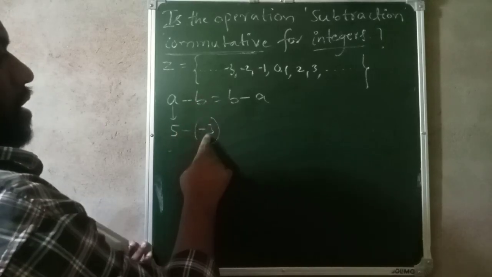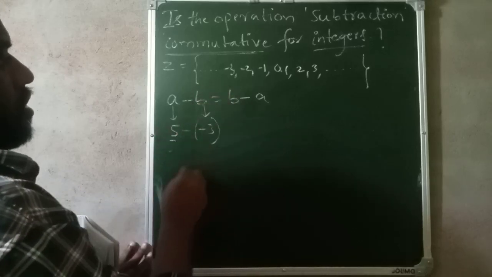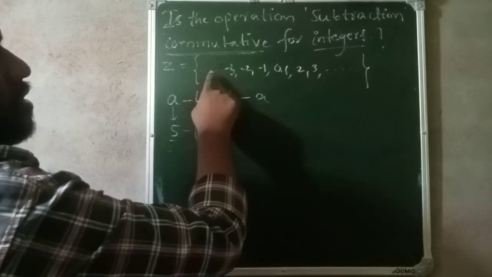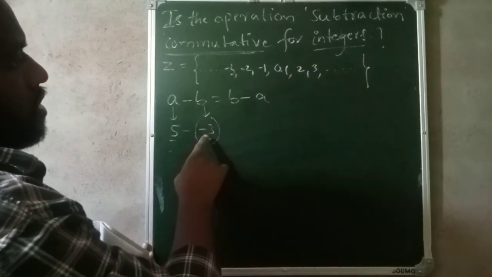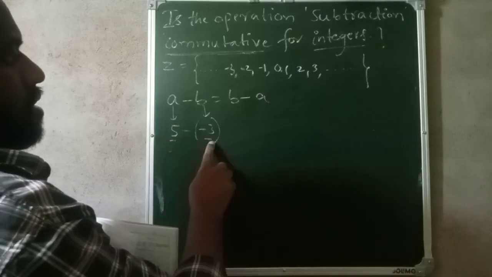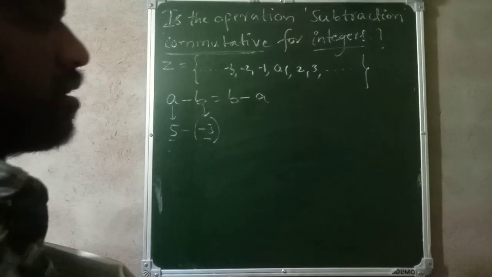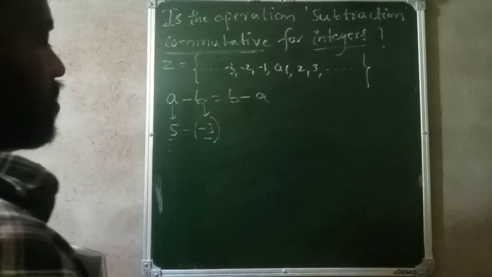So B is equal to minus 3. Okay. 5 is an integer, and it is present in this set of integers. Minus 3 is also an integer, and it is present in this set of integers. So 5 and minus 3 are the integers I have taken.